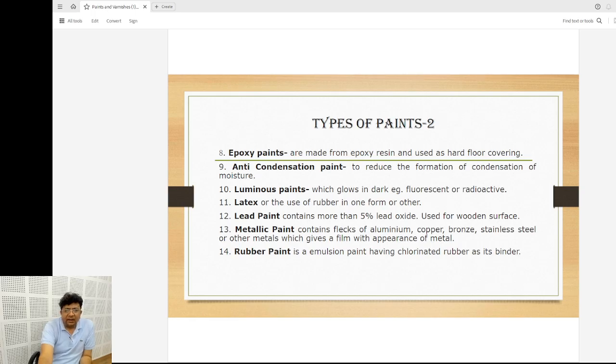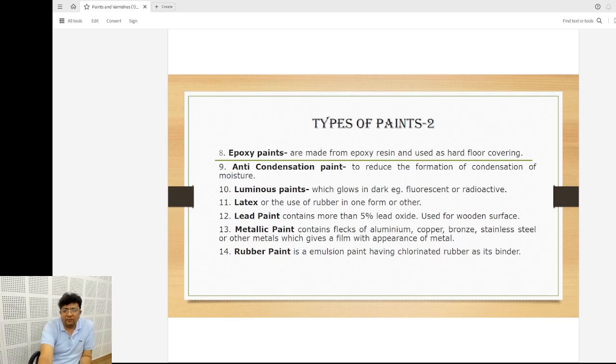We have metallic paints, which contain flakes of aluminum, copper, bronze, stainless steel, or other materials, which give a film with the appearance of metal. Metal finish is widely used in our interior designing projects, where we need it on normal MS surfaces, for example MS plates or MS angles.